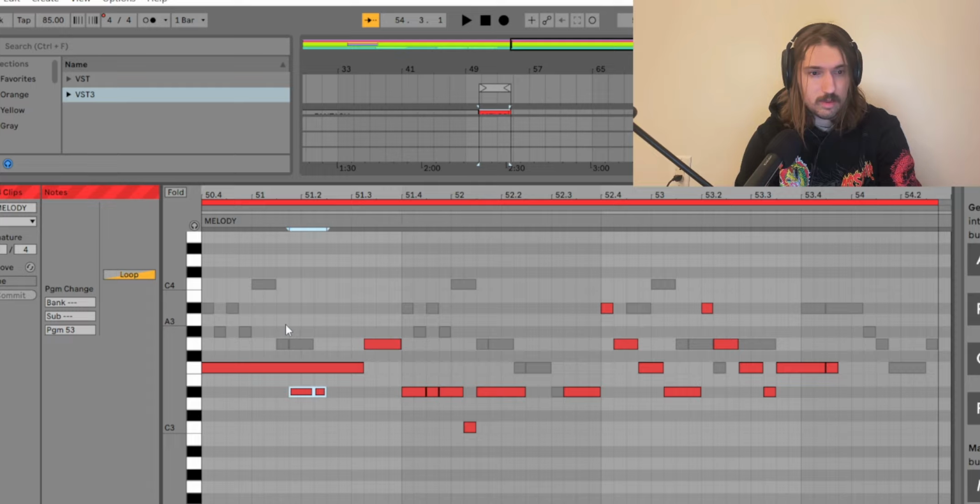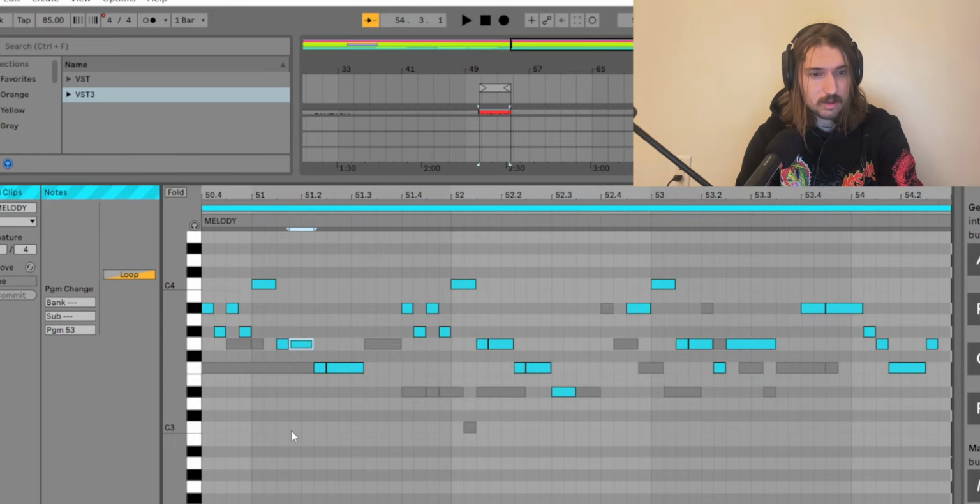So if I put it here, see, this is a mirror image of the rhythm that we already used in the song. And we're copying this downward motion.